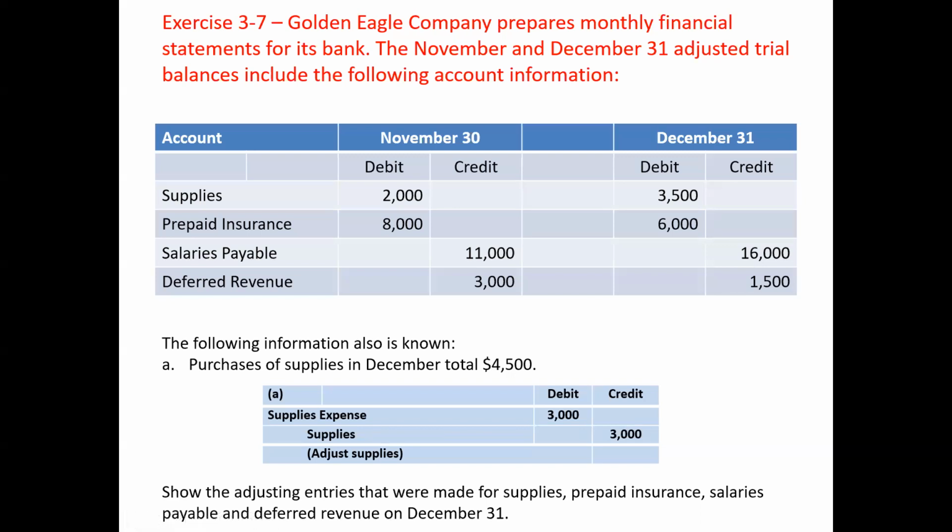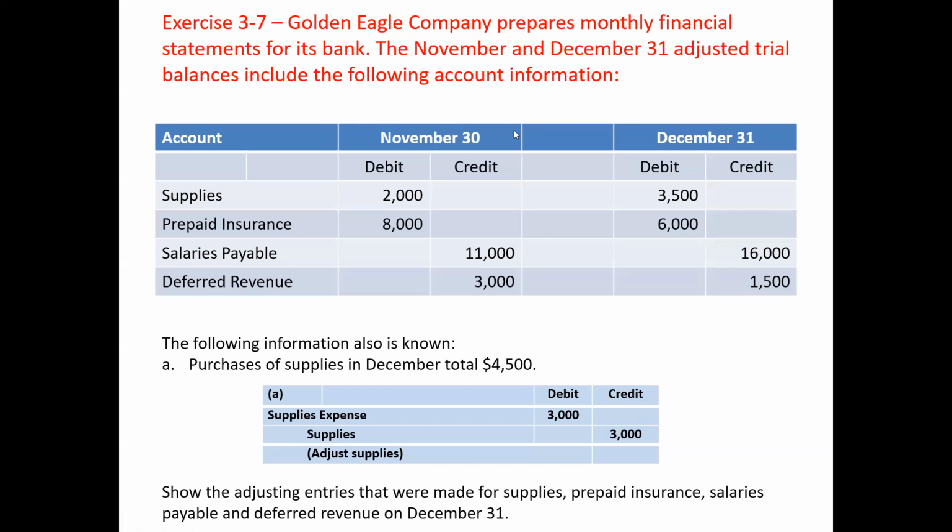This, guys, is an adjusting journal entry to show the supplies that were used during the month of December. Any questions on that? Does that make sense? One person saying yes. Does that make sense, guys?